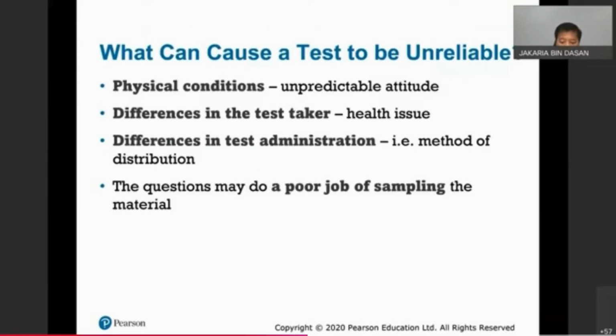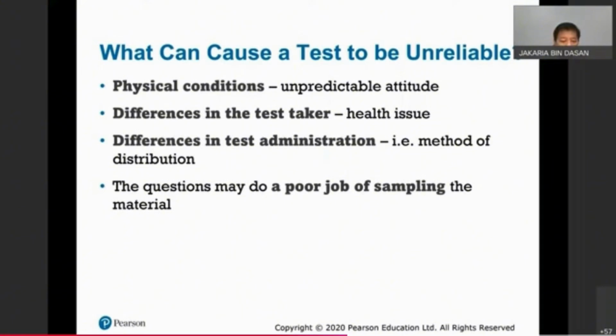Sometimes the testing could be unreliable. Why is it unreliable? Because of physical condition. Sometimes we prepare a test that does not suit the physical abilities or physical condition of particular candidates. Because of that, we might apply testing tools which are not right for him.